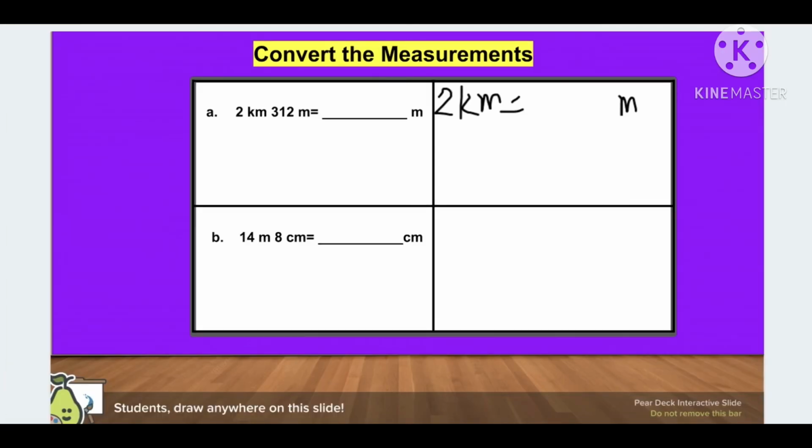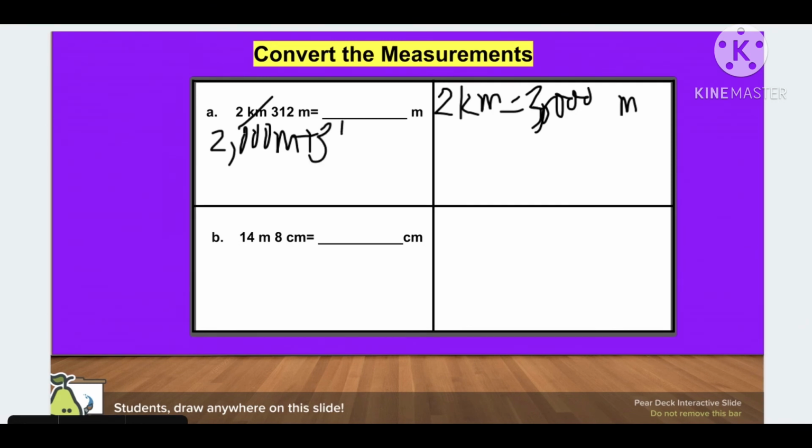So I know that because 1 kilometer equals 1,000 meters, 2 kilometers equals, good job, yeah, 2,000 meters. So now instead of saying 2 kilometers, I can just say 2,000 meters and 312 meters.